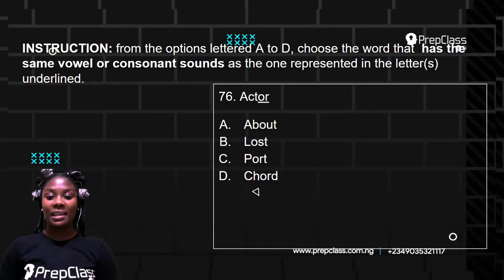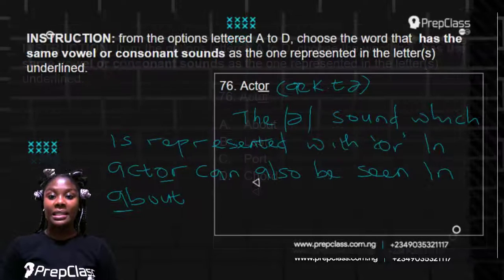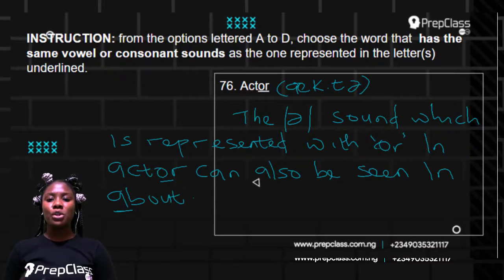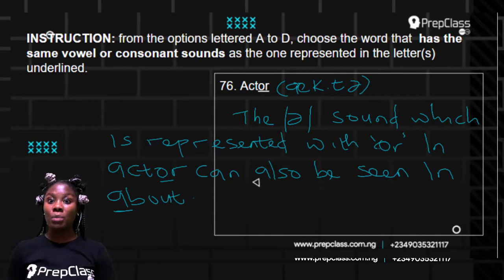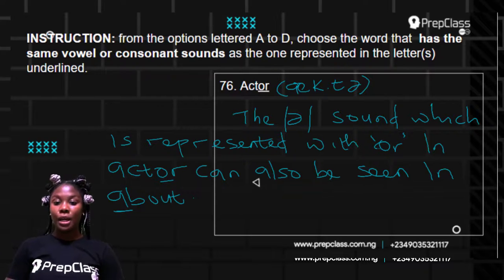Okay, so in this word actor, the sound is the one to look at. When you transcribe the word actor, that's what the transcription looks like.